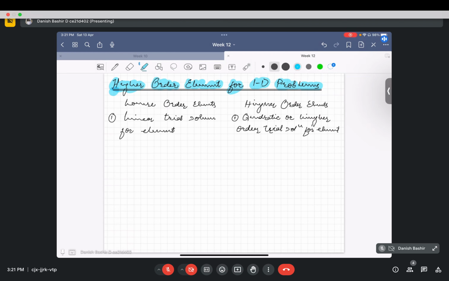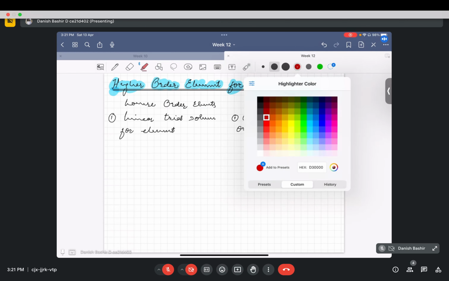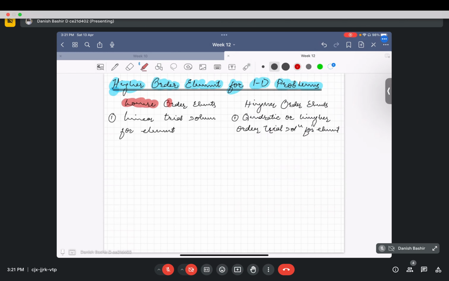This I am showing you is the basic difference between the lower order element and the higher order element.